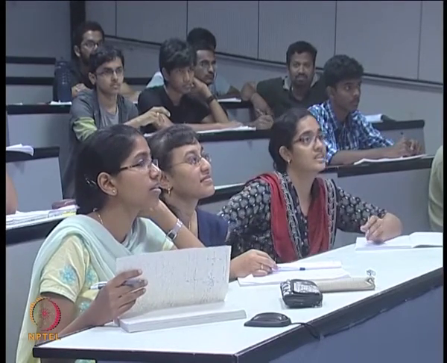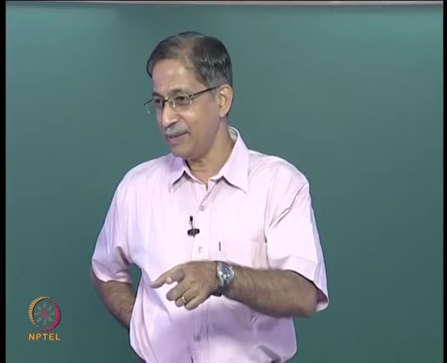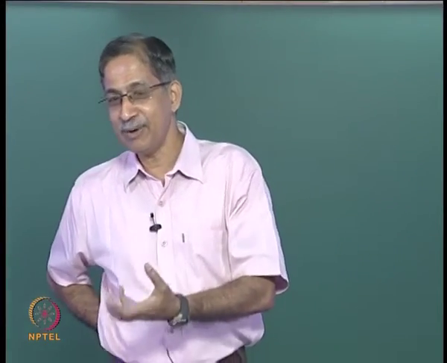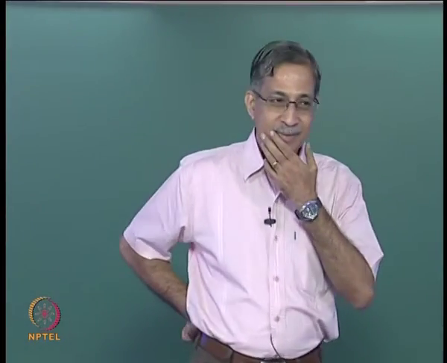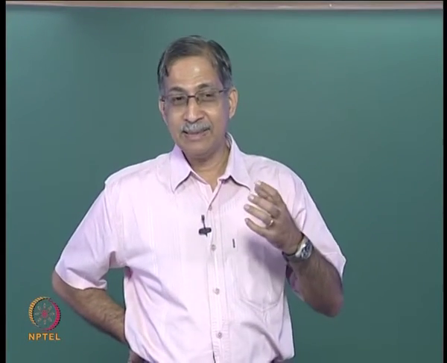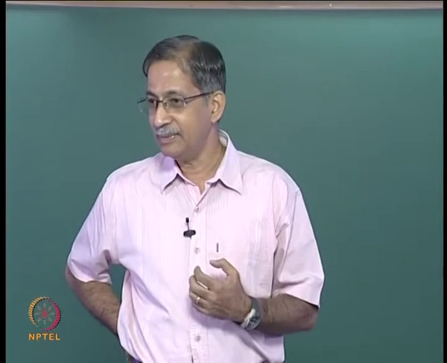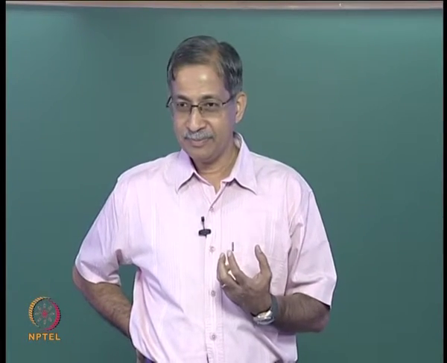Supposing I replace that whole frame with a spring as I showed here. Give me an expression for K naught. So you are multiplying. In other words, do you agree that the stiffnesses of all the connecting members will add up? They will add up. Why will they add up?